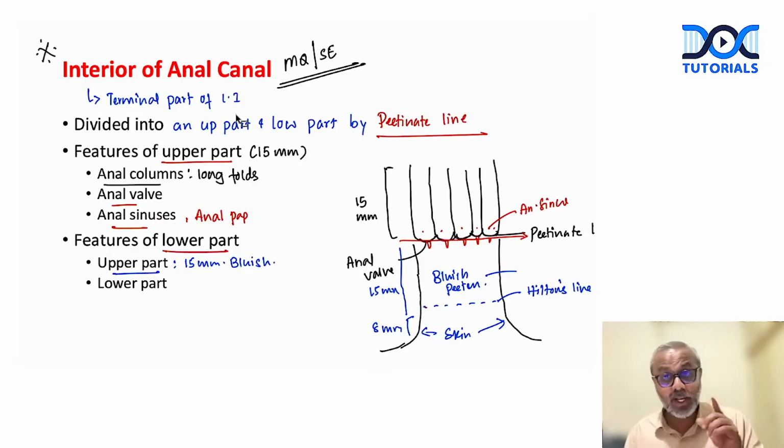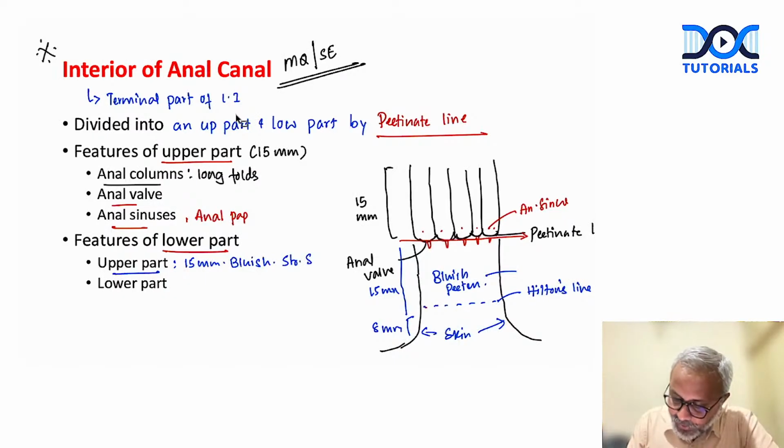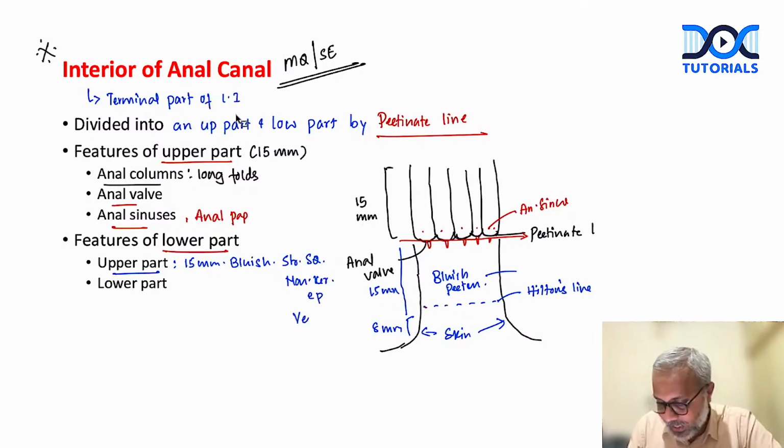Now the question is, why is this bluish in color? Remember, this is lined by stratified squamous non-keratinized epithelium. Deep to this lies the deep venous plexus. Because of the presence of deep venous plexus, this looks bluish.